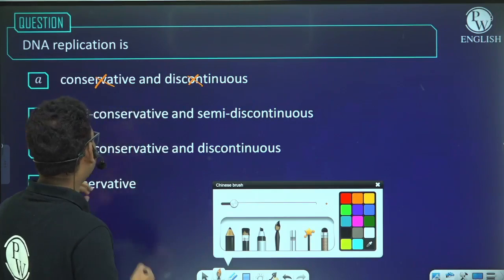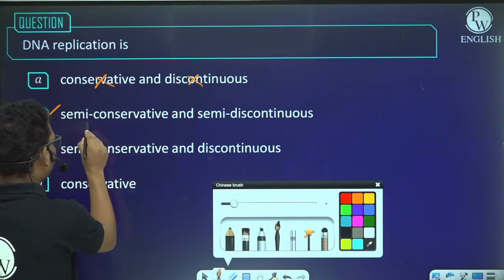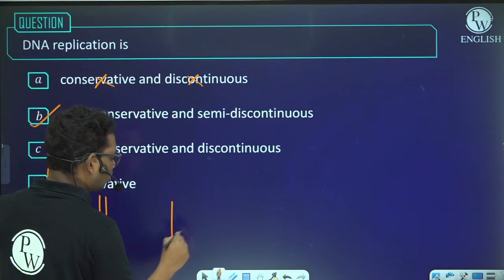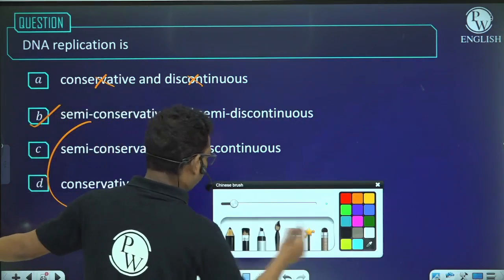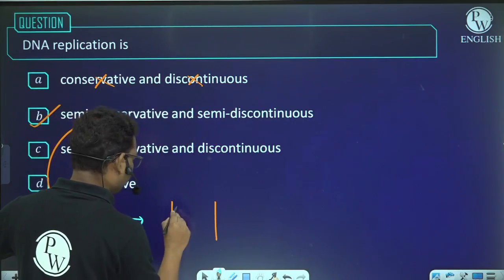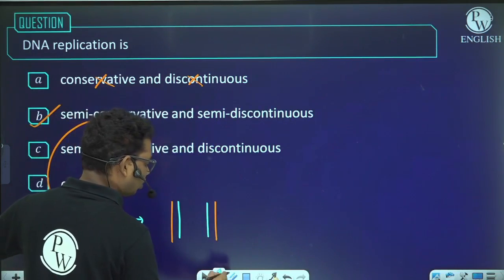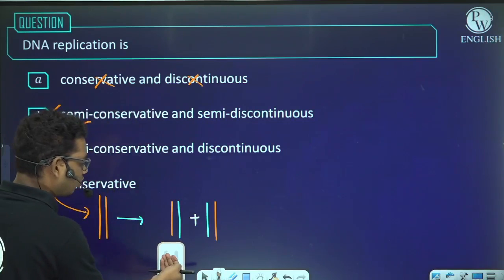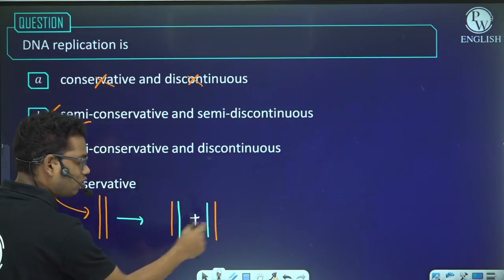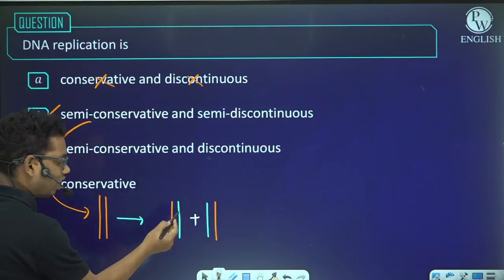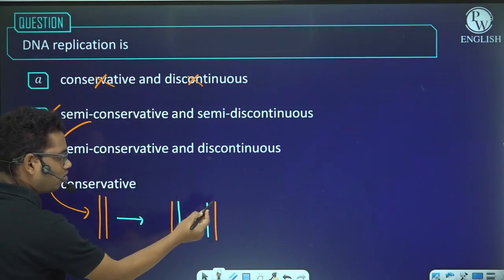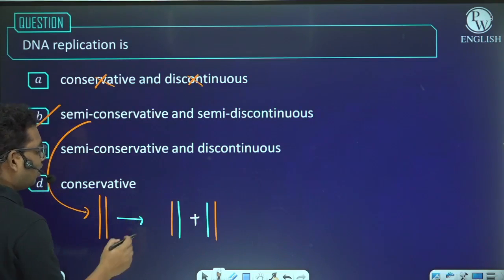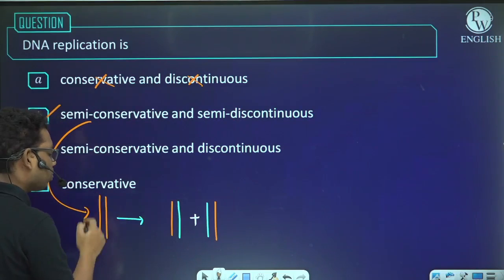If this is the parent DNA, and these are the daughter DNA molecules, you can clearly see that in each daughter DNA, one strand is parental and one is newly synthesized. That means this is semi-conservative, because in each daughter DNA molecule, half of the parent DNA is conserved.